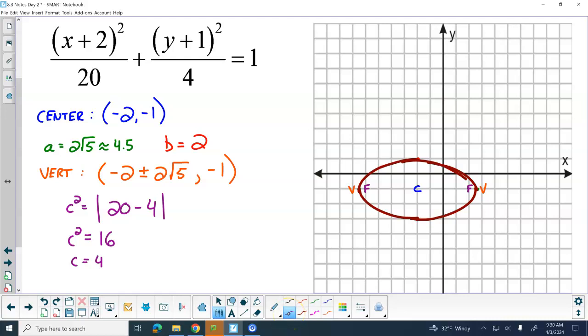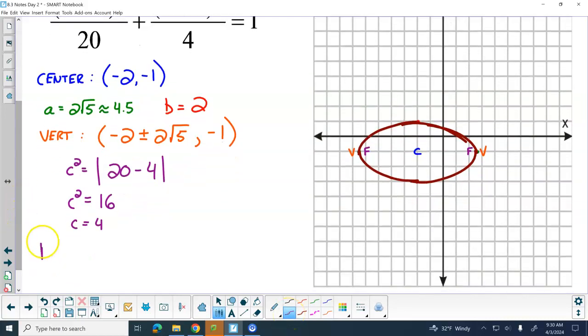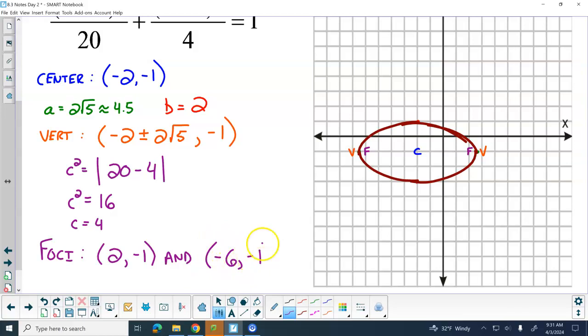So my foci, again, I'm going to add and subtract 4 now to the x part. So -2 plus 4 is 2, comma -1. -2 minus 4 is -6, comma -1.